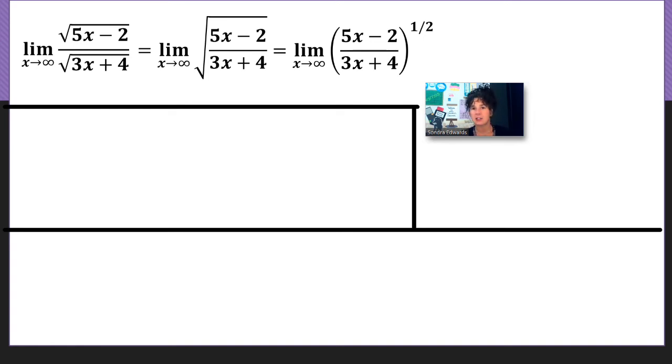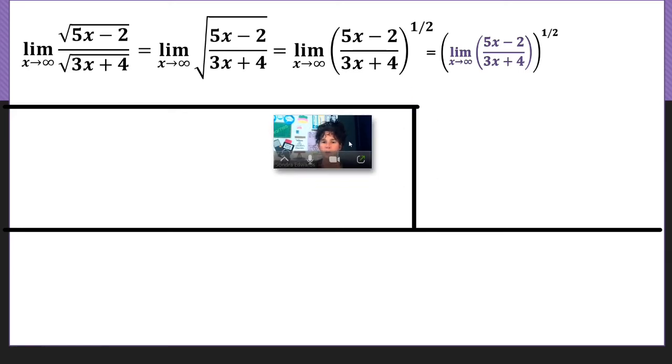So the limit as x goes to infinity of something where the degree of the numerator and denominator are the same is going to be a fraction of the leading coefficients. So it's going to equal 5/3. And then this whole limit equals 5/3. It's still going to be to the power of 1/2, which really means the square root of.